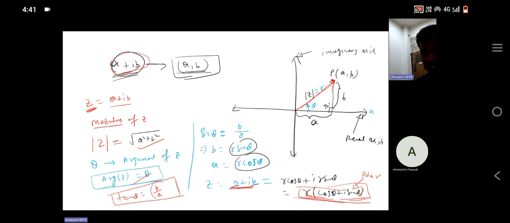Remember, this b by a will not always give you the proper value of theta. You have to consider the proper quadrant in which the point P is lying. Suppose if the point P is lying in the third quadrant, then this value b by a will not give you the proper value of theta. So we have to consider the quadrant in which P is lying.